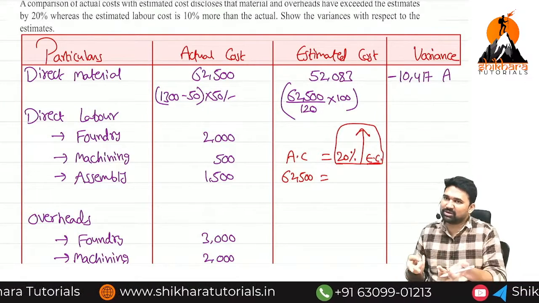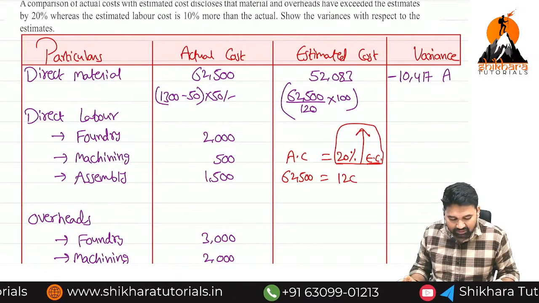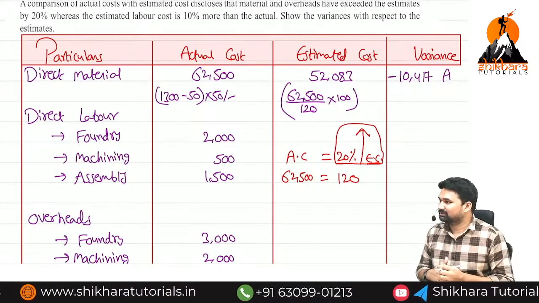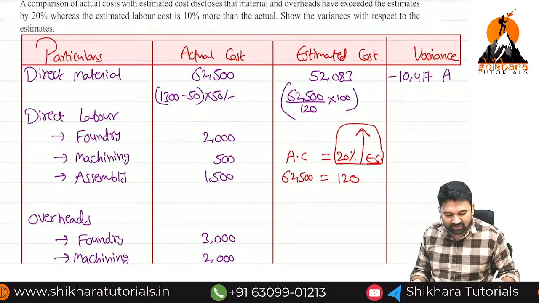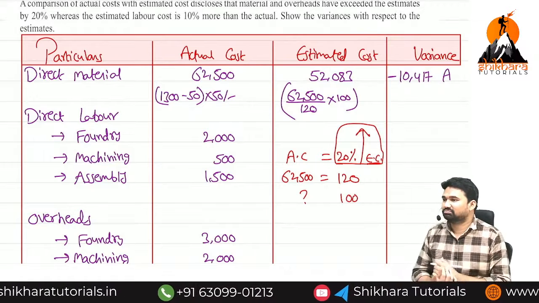That means 100 plus 20, 120. So this 62,500 is equal to 120. If 62,500 is equal to 120, 100 is equal to how much?